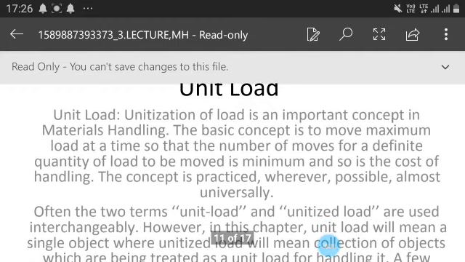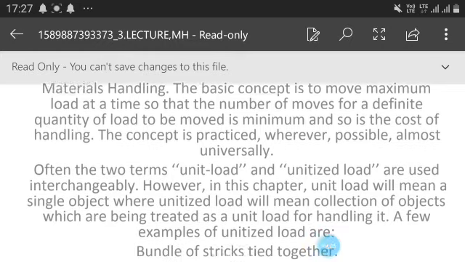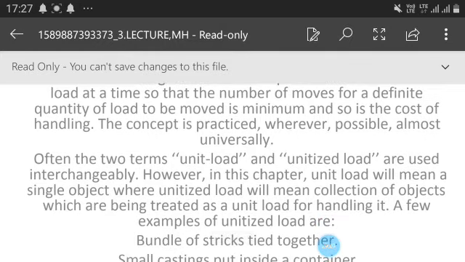The concept is practiced wherever possible, almost universal, and often the two terms unit load and unitized load are used interchangeably. However, in this chapter unit load will mean a single object, whereas unitized loads will mean collections of objects which are being treated as a unit load for handling.